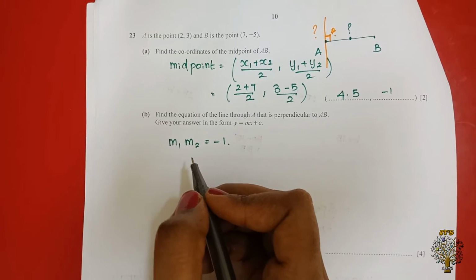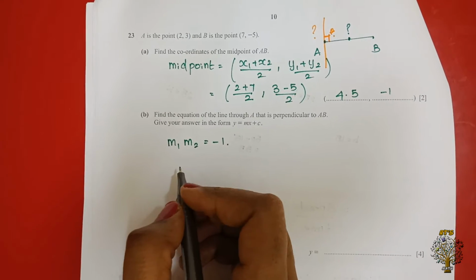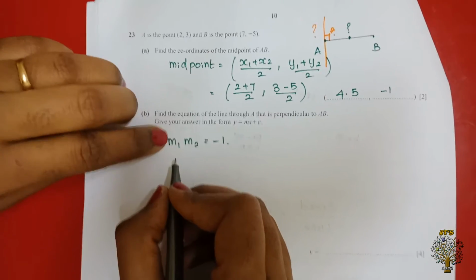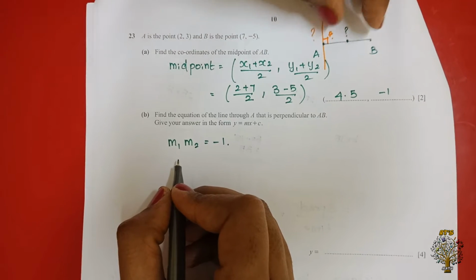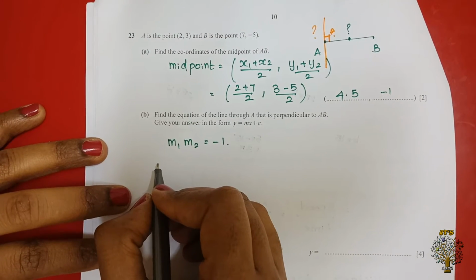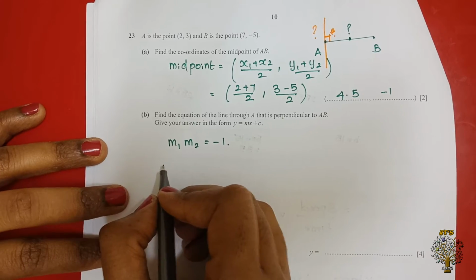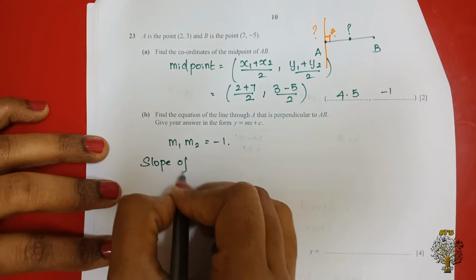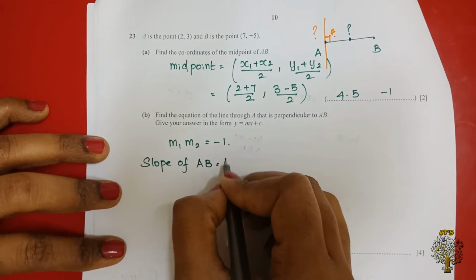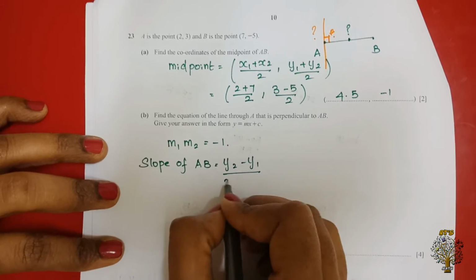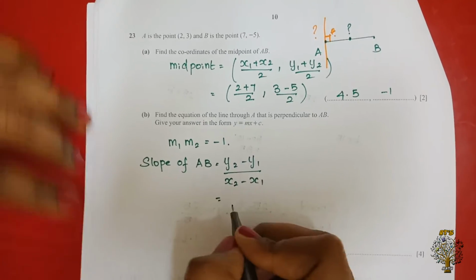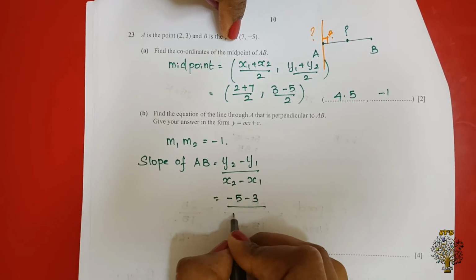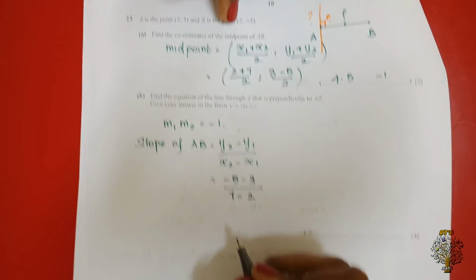You know the slope formula, (y2 minus y1) divided by (x2 minus x1). So I'm going to apply that formula here for my first line AB. The slope of AB is equal to (y2 minus y1) by (x2 minus x1). So I have (-5 minus 3) divided by (7 minus 2).